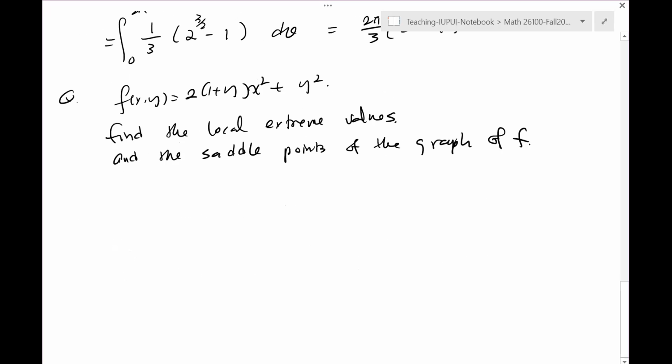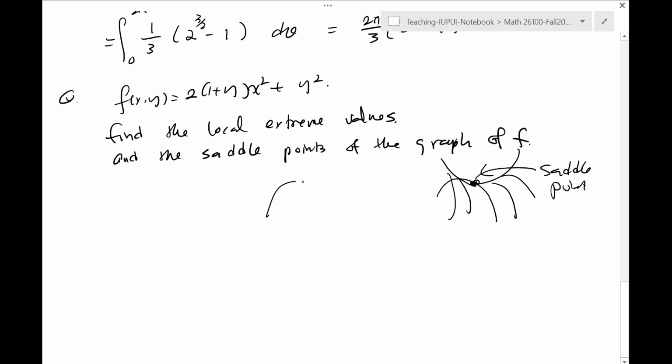So-called saddle points are special points, looks like that, where one side is going down and the other side is going up. So this is called a saddle point.